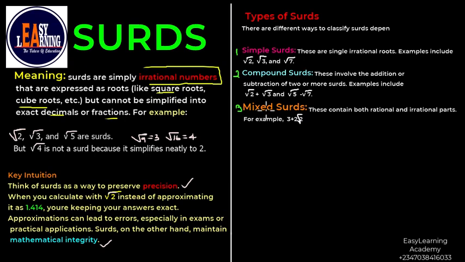A mixed surd contains both rational and irrational parts, just as the name implies. So, three types of surds: simple surds, compound surds, and mixed surds.